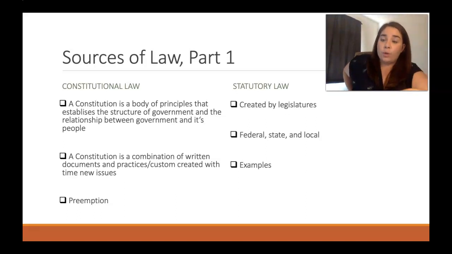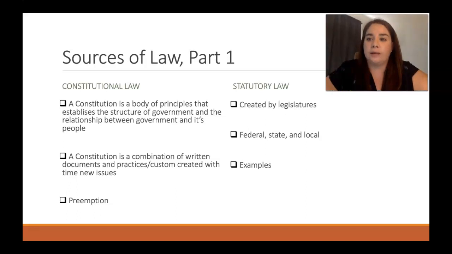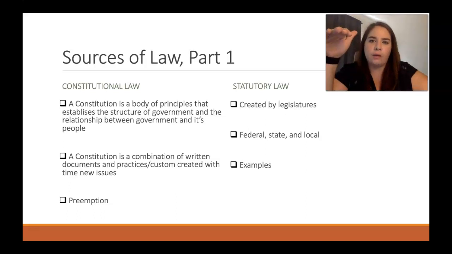As I mentioned earlier, one of the ways a state can also regulate an area that the feds have already decided to regulate is by making their law more stringent than the federal law. So environmental law is a great example. California has the strictest environmental laws in the entire United States. Again, special flower.